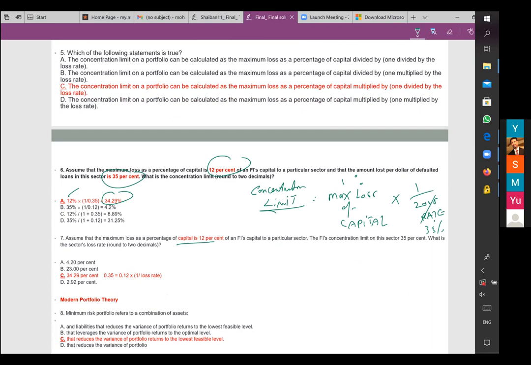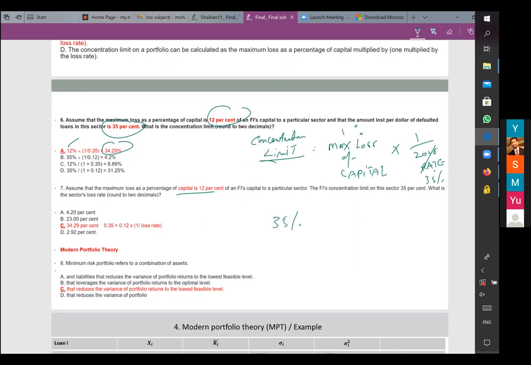So I give you this, and I told you the concentration is 35%, and this 12%. So how much is the loss rate? And if you calculate the loss rate, it will be 34.29.